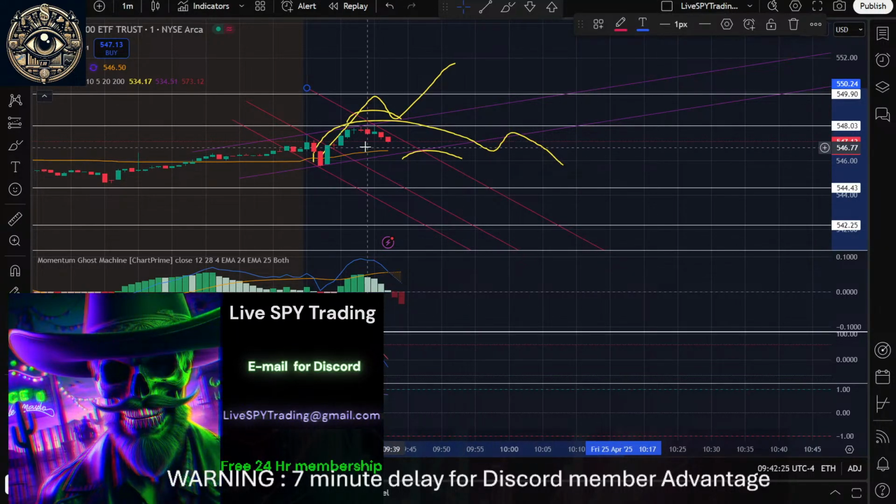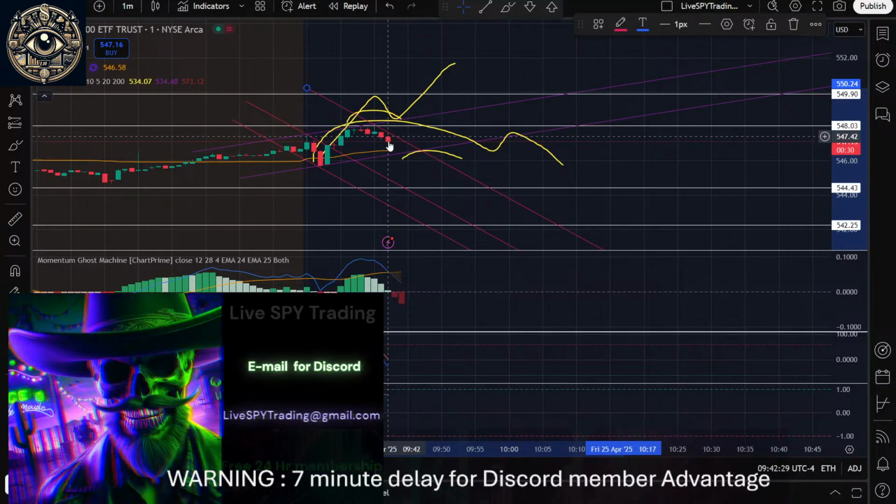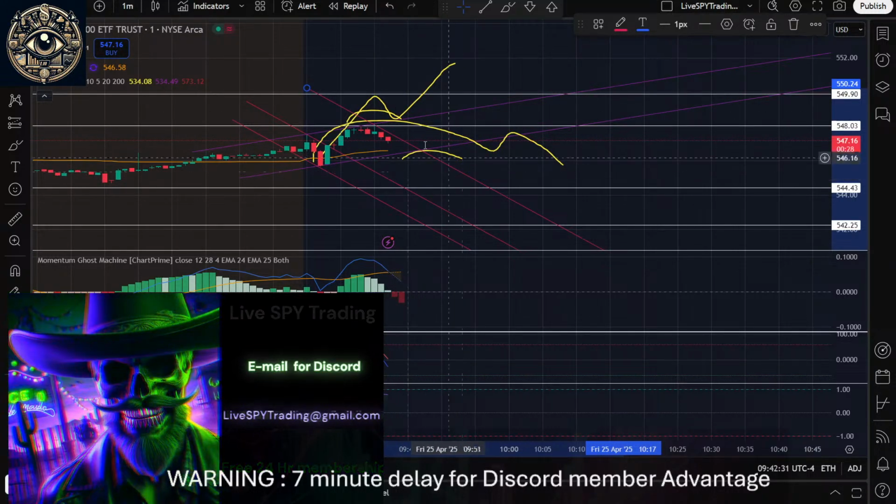The uptrend is pretty strong, so let's wait for confirmation, because it's a strong uptrend. We don't want to fight the trend.